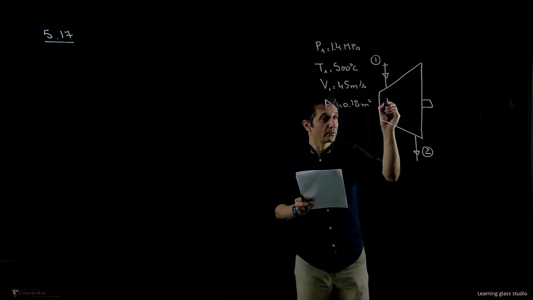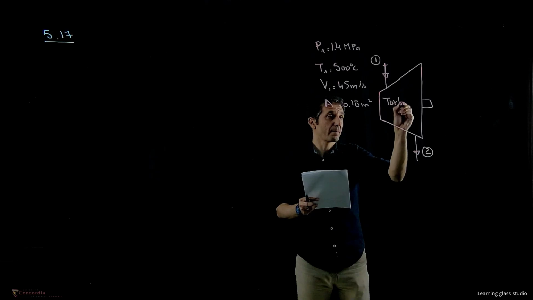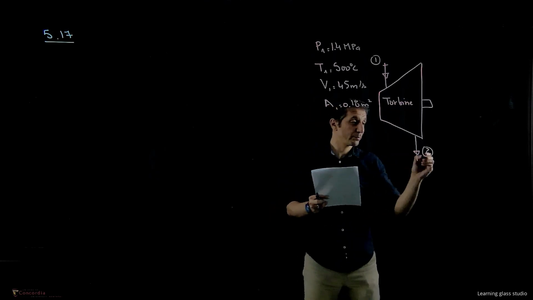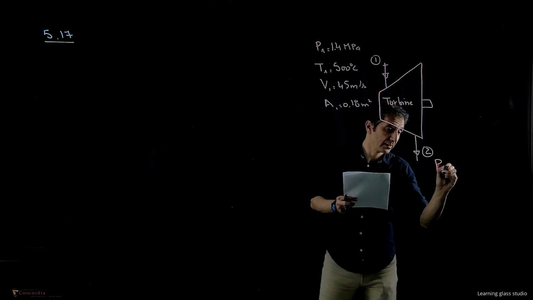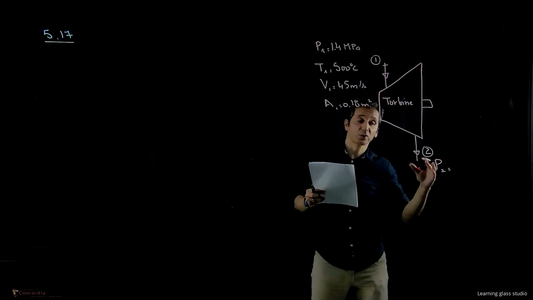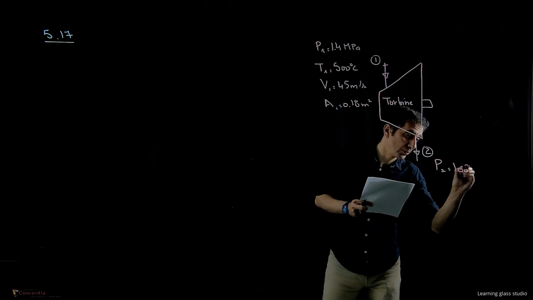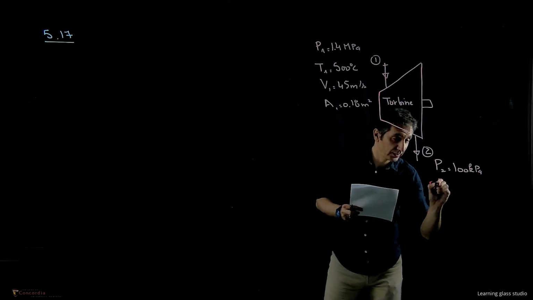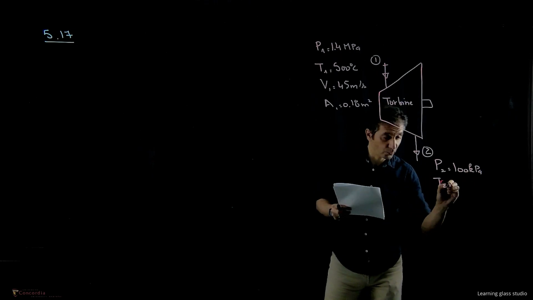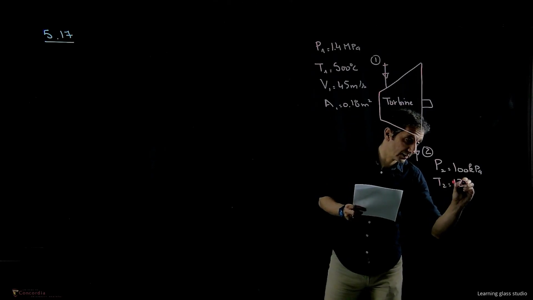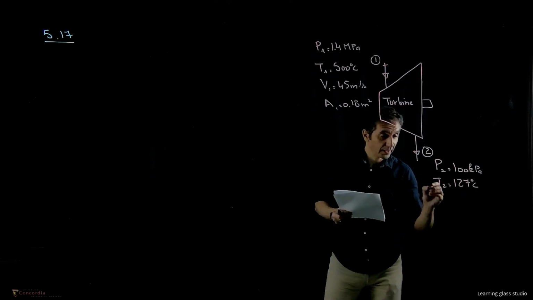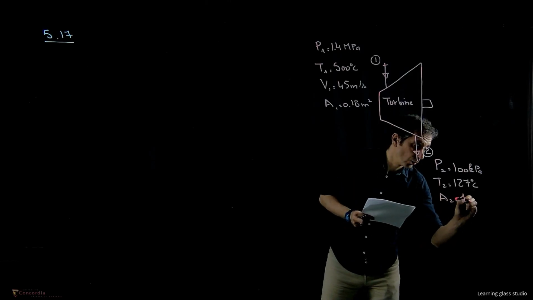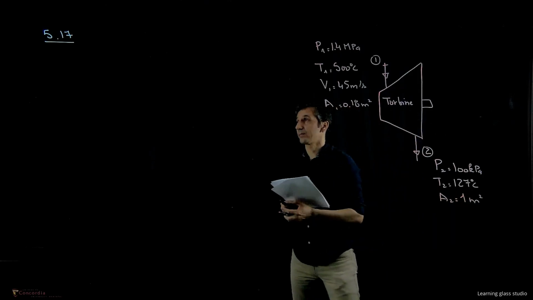So this is our turbine. And at the exit, what do we know? We have the pressure P2. There is an expansion process, so the pressure will go down to 100 kilopascal. The temperature T2 will go down to 127 degrees C. And we have the area A2 is equal 1 meter squared.